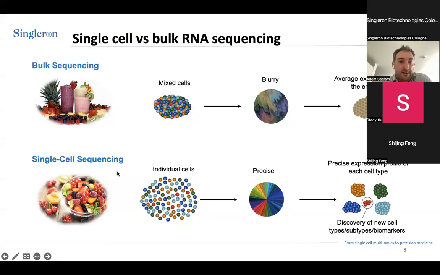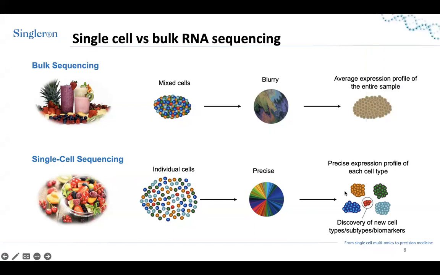For the single cell sequencing case, since you have all the individual cells, you know each individual cell, and I will explain later how we know that. So you can track all the individual cells, and because of that, you can still measure the gene expression of a particular cell, and then from there understand whether a particular cell population has an upregulation or downregulation of a particular gene.